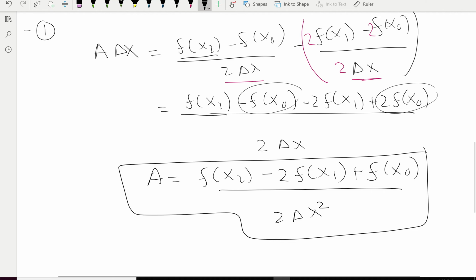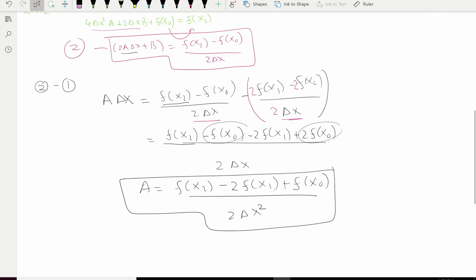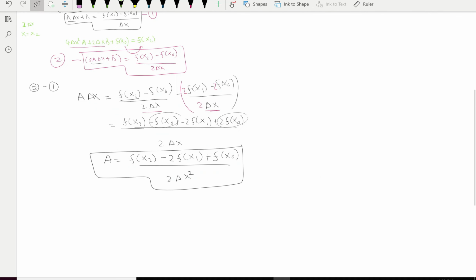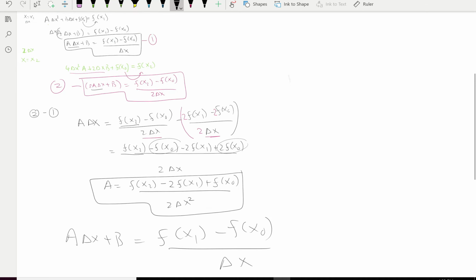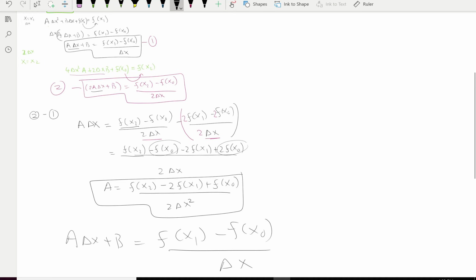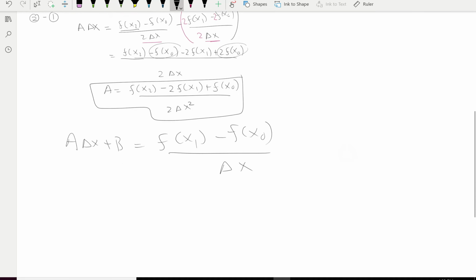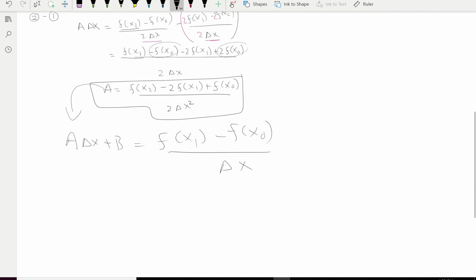Now let's use this a to find b. Now what we can do is, let's write the one equation involving b. Well, we know aΔx plus b is f(x1) minus f(x0) over Δx. Let's make sure that it's clear, otherwise I have to remake this video. Okay, now let's substitute that a into this equation and let's find out b.